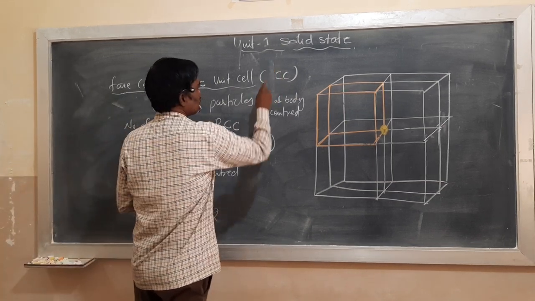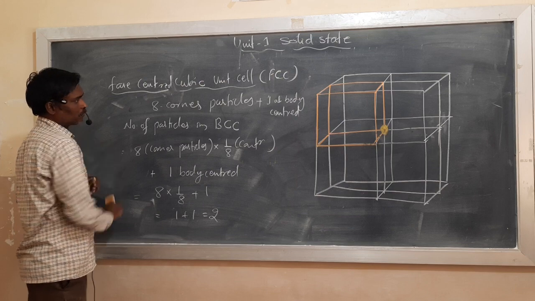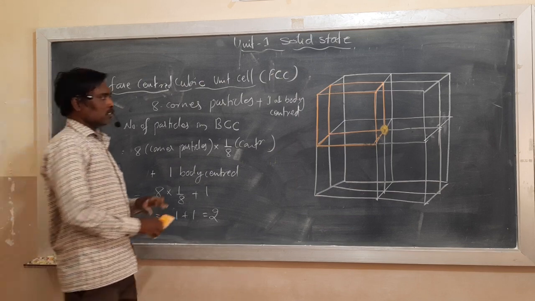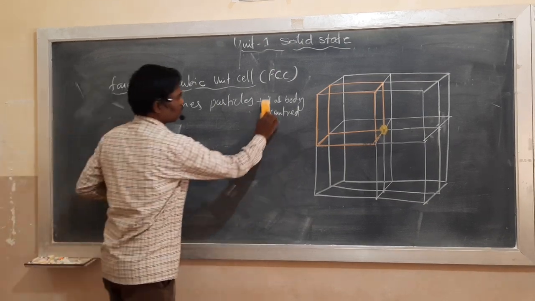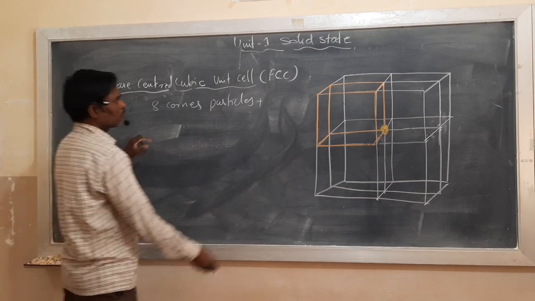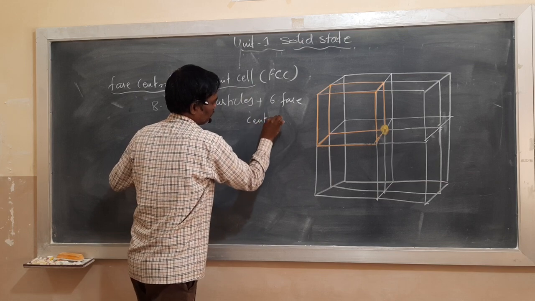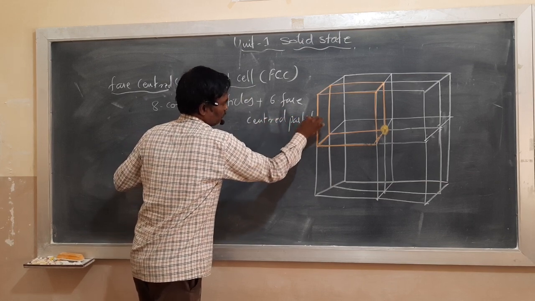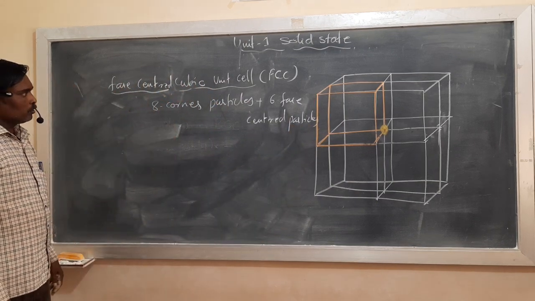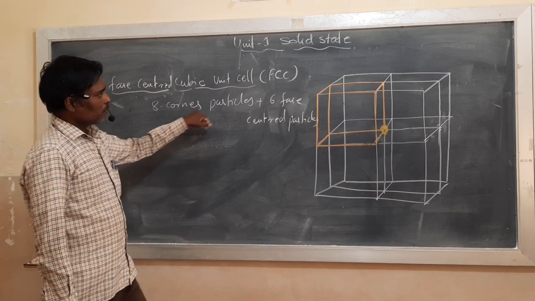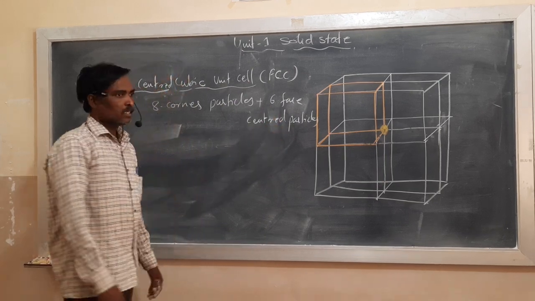We call that FCC. In a face-centered cubic cell, there are 8 corner particles and 6 face-centered particles present. The corner particle contribution to that particular unit cell we know is 1 by 8, whereas the face-centered particle contribution to that particular unit cell is 1 by 2.